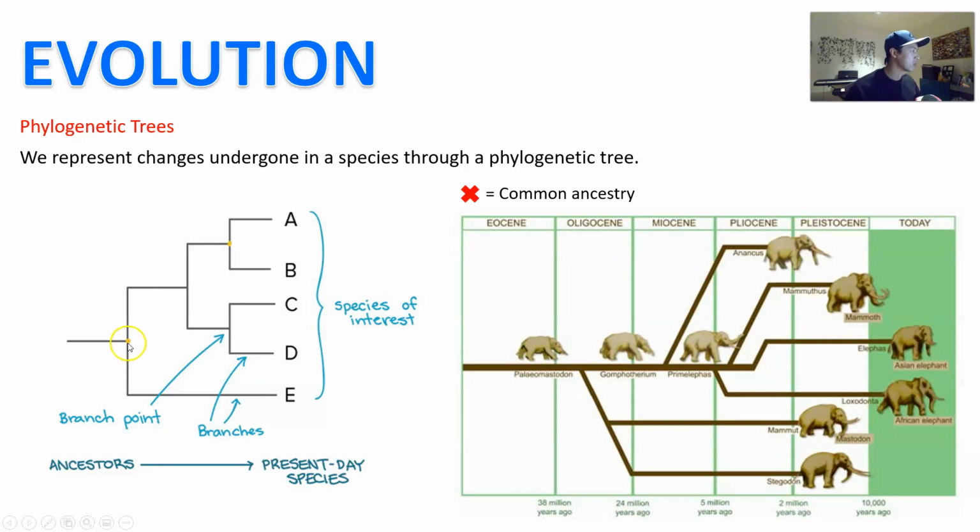And then that branch slowly changes to form a new type of species or a new type of group of organism, or taxa. And then that can keep happening depending on how long we are talking about. So for example, this is a phylogenetic tree of elephants. For modern day elephants, we really only have two main species, the Asian elephant and the African elephant. But if you go back far enough, you can see there's this proto-elephant with a really short snout.